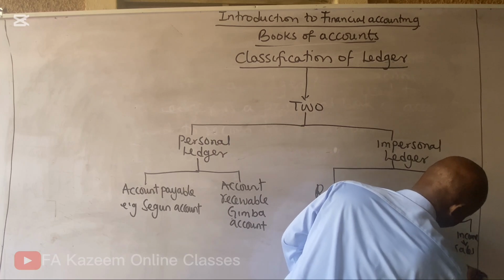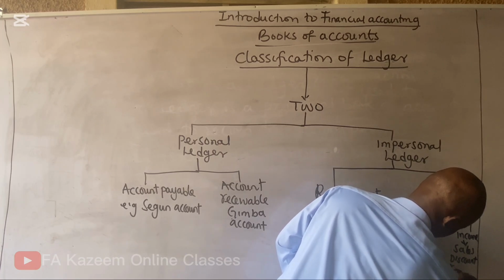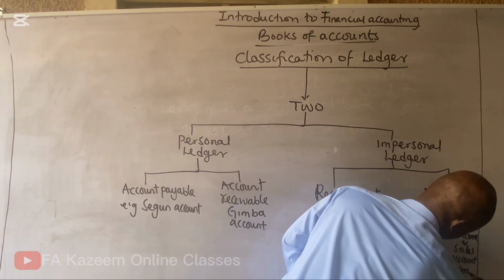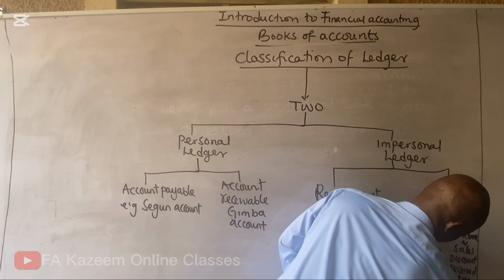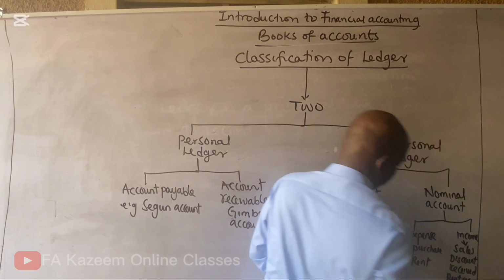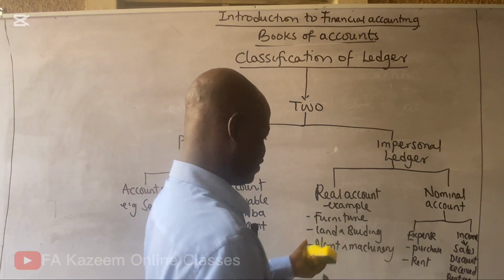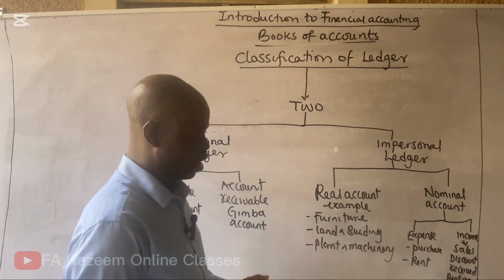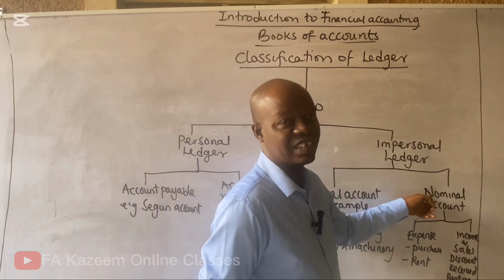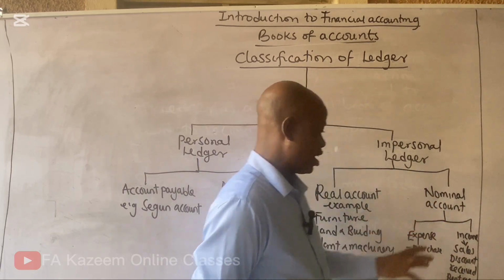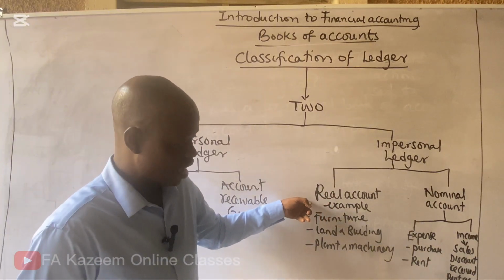Income is sales, discount received, rent received. All these are examples of income. Both expenses and income, accountants classify them as nominal accounts.